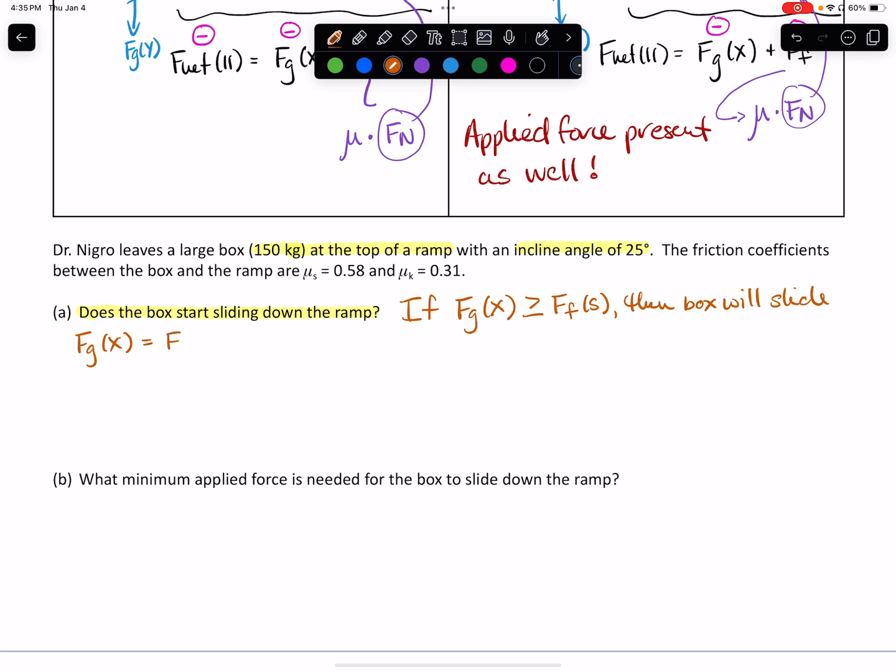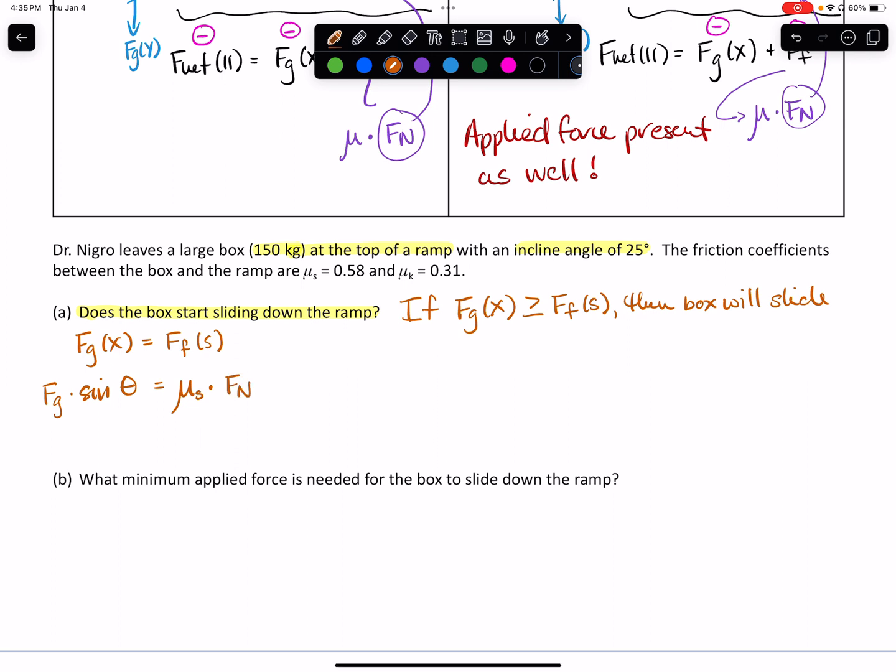All right, so the static friction value. Now I know that the F_G component is the force due to gravity times, hold on just a second, not cosine, sorry, the sine of your angle, right? And that's going to be equal to the static coefficient of friction times that normal force.